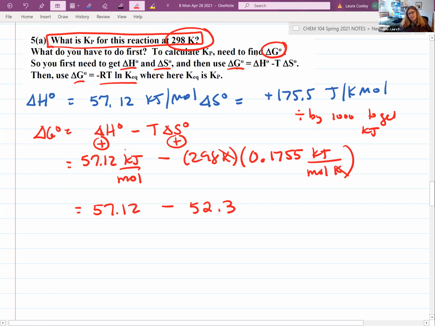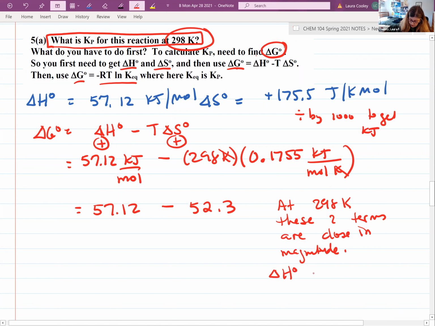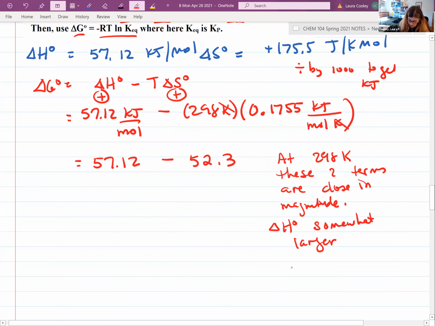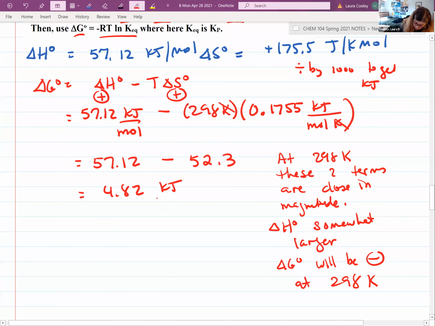Well, it depends on the temperature, but you could see that at 298 Kelvin, these 2 terms are close to one another in magnitude, but the delta H is somewhat larger in magnitude. And so the delta G0 will be positive at 298. And it comes out to 4.82, but it's nothing really too big, is it?